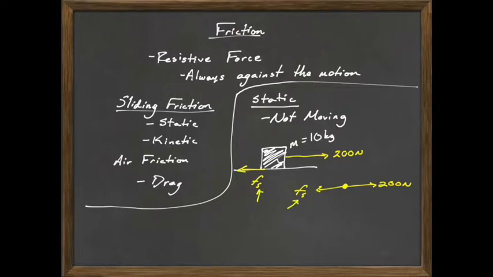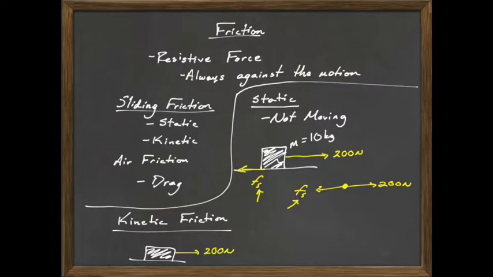Okay, and then if you were to have moving friction, so if you had kinetic friction, okay, this time you could have the same setup where you tug on it with a force, and we'll do the same thing. We'll say 200 newtons of force, and in this case, multiple different things can happen.